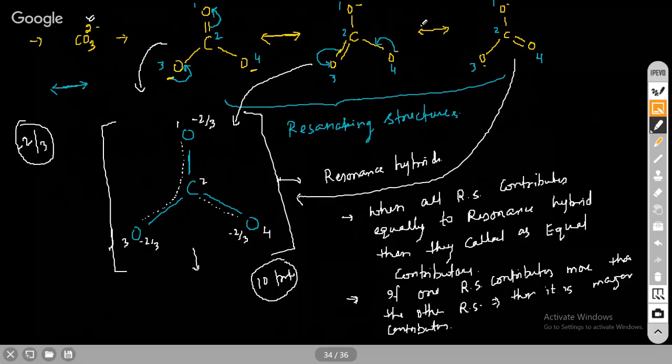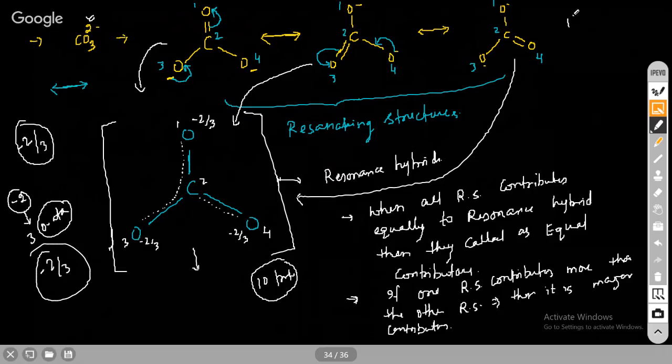So in all these three structures, you see this minus 2 charge is moving on to these oxygen atoms continuously, one by one, right? So what we can say, that total charge is minus 2, and this is distributed among 3 oxygen atoms, right? So each oxygen atom will have charge of what? Minus 2 by 3. It is something like this.